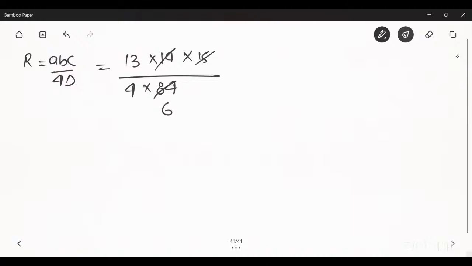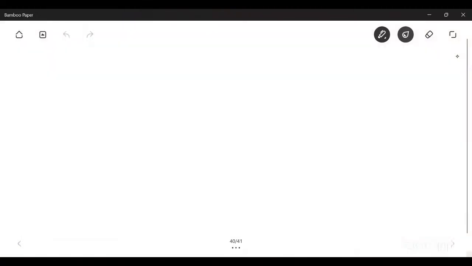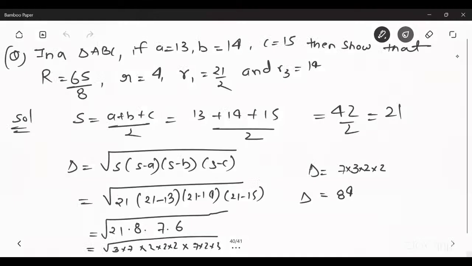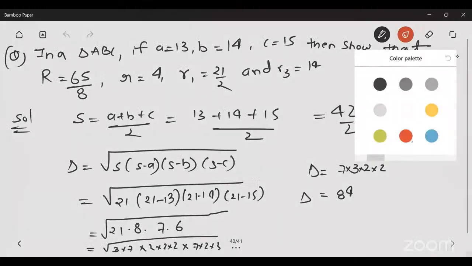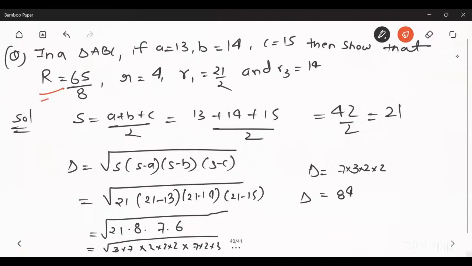Now 3 fives are 15 and 3 twos are 6. So 13 fives are 65 and 4 twos are 8. So firstly we have proved R is equal to 65 by 8. Now next is r equal to 4. We know that r equals delta by s.